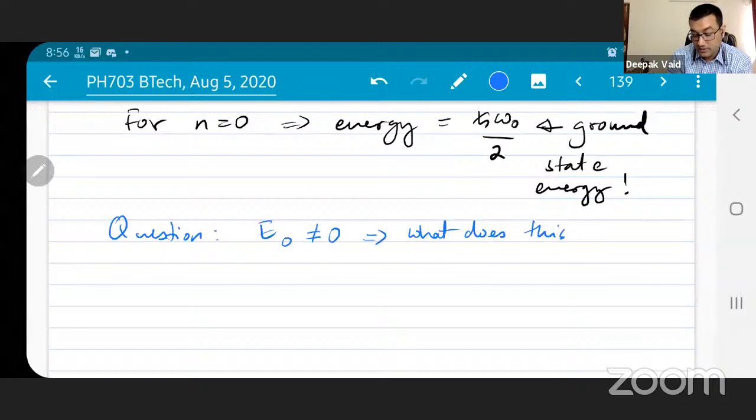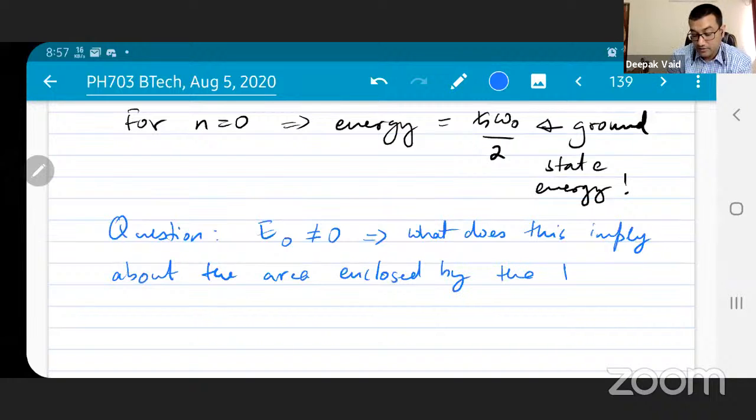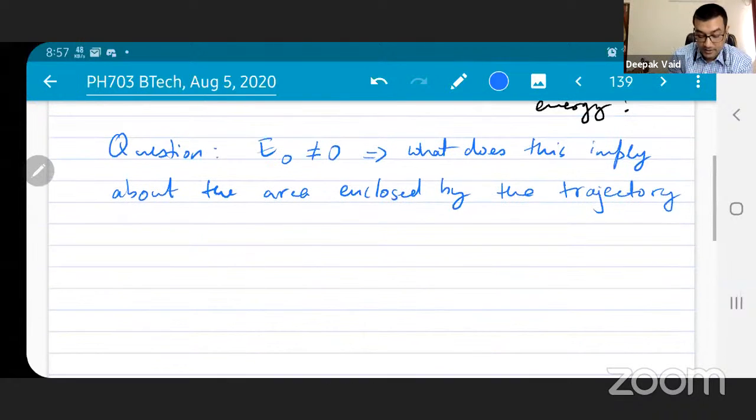What does this imply about the area enclosed by the trajectory in phase space?